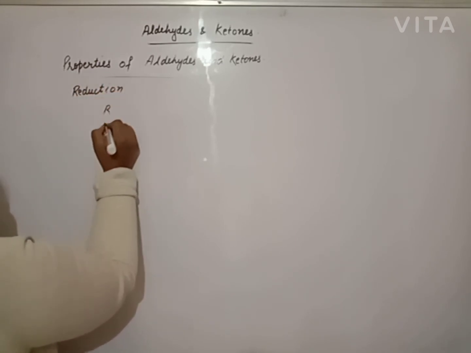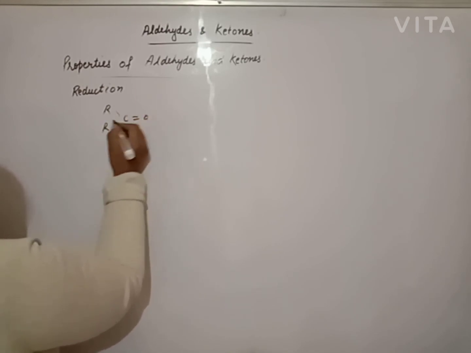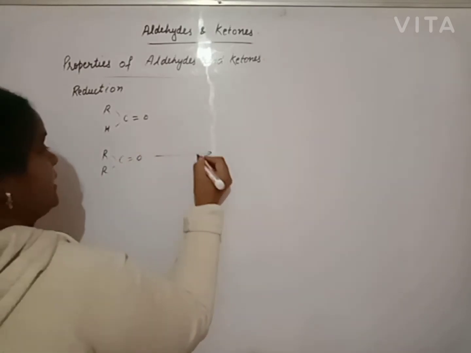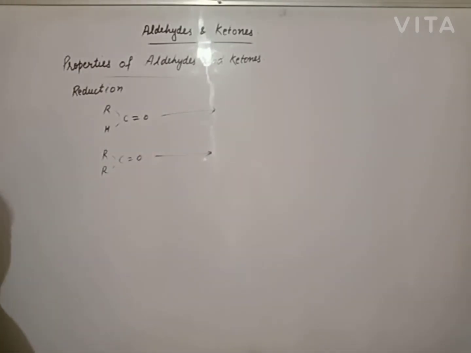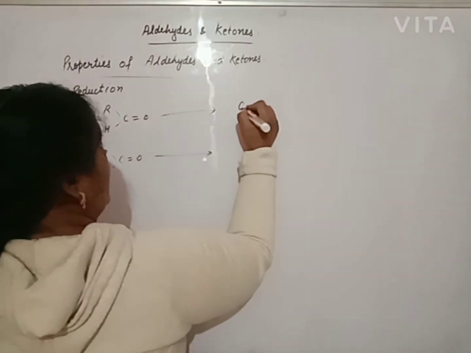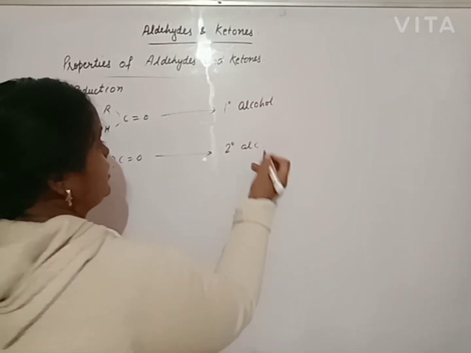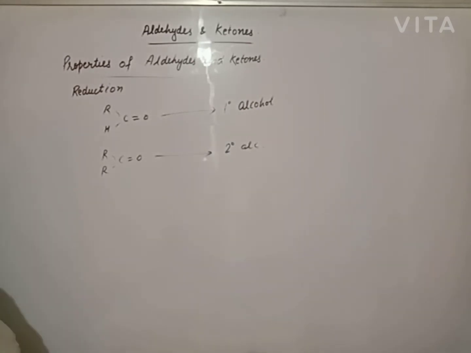Beta, either aldehyde or ketone, on reduction with a strong reducing agent, lithium aluminum hydride, sodium borohydride, etc., gives alcohol. Aldehyde gives primary alcohol, ketone will give secondary alcohol. Tertiary alcohol can't be prepared by this method. But there are some other reactions that are different from simple reduction of aldehyde or ketone to alcohol.